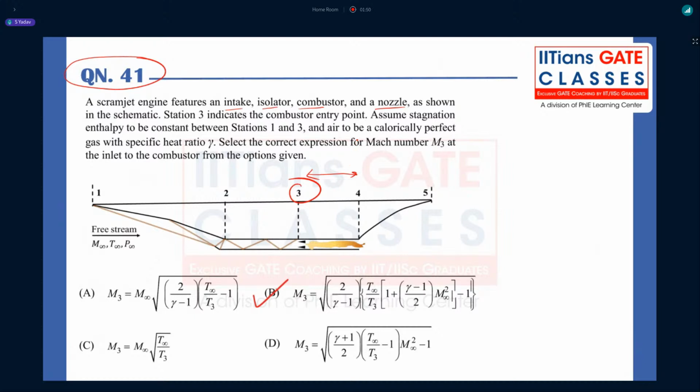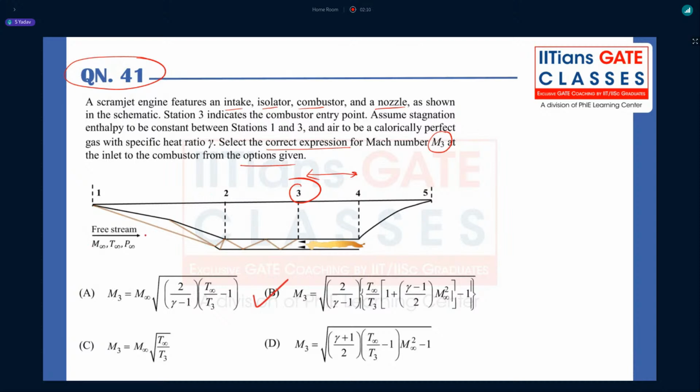Air is a calorically perfect gas with a specific heat ratio of gamma. Select the correct expression for the Mach number M3, the Mach number at the intake of the combustion chamber, from the options given.